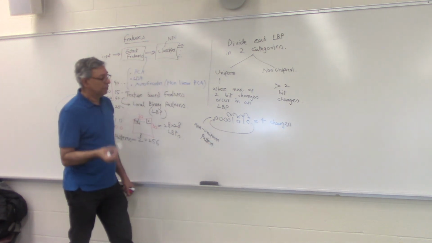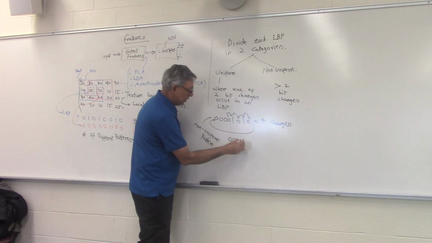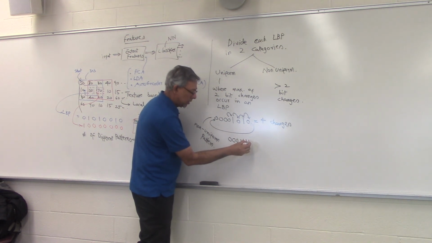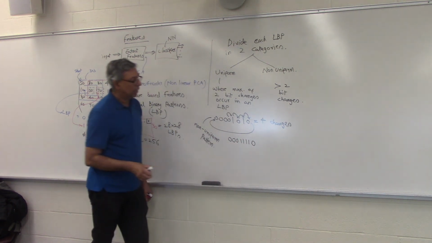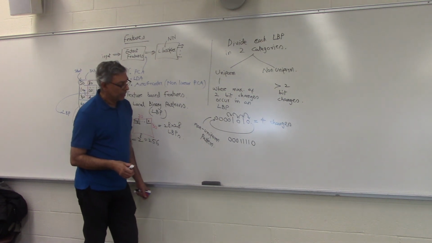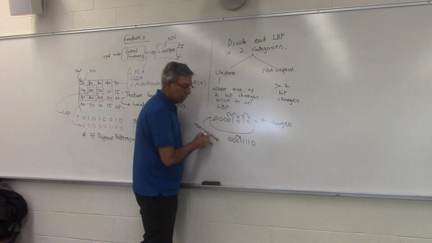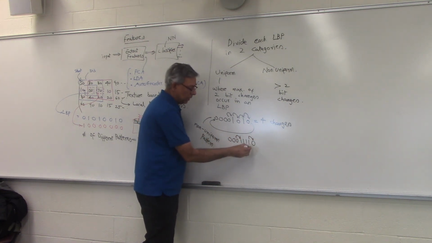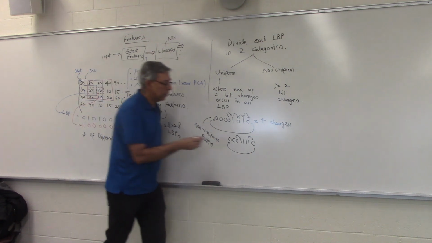Okay, let me give you another example. Okay, so now let's take a look over here. How many changes are occurring? 1, 2. Any change in the circular? No. So this is 2 changes.